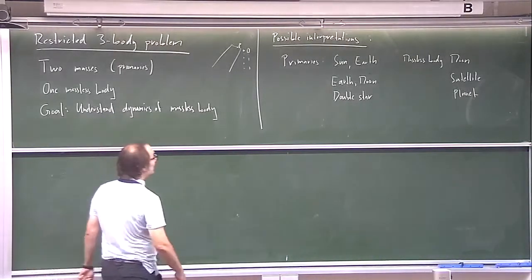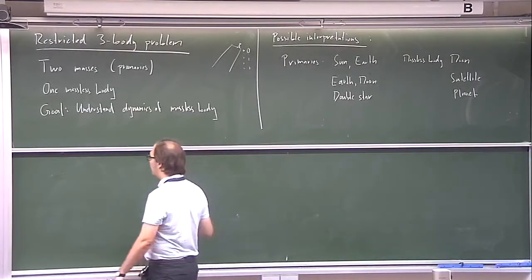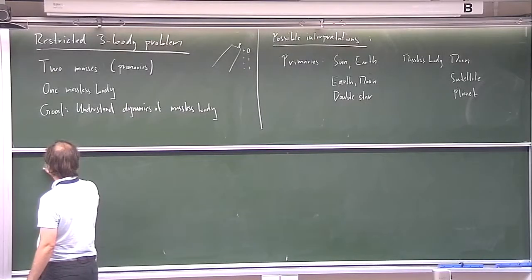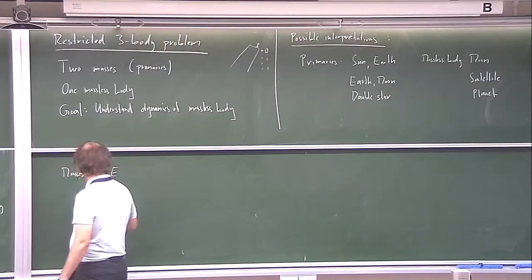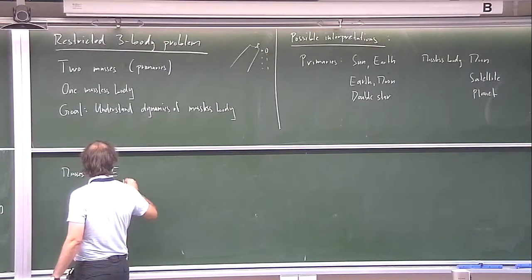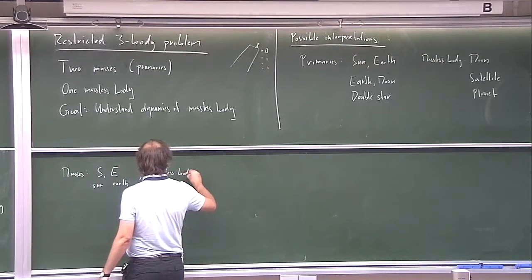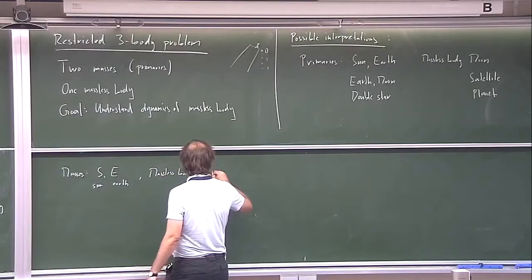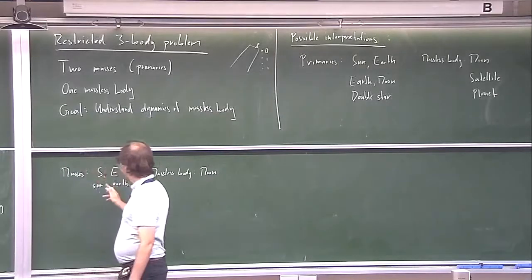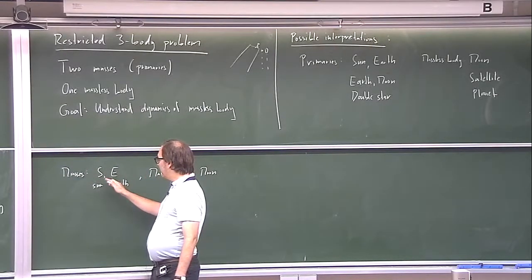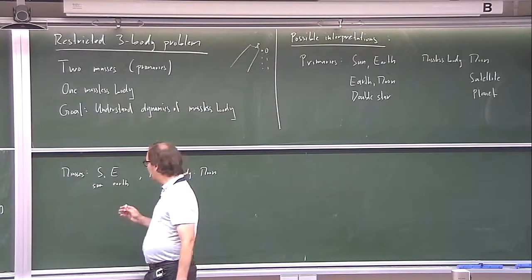So maybe let us keep to the first interpretation. I will abbreviate the masses by S and E and refer to them as Sun and Earth, and the massless body is the Moon. And I assume that the Sun and Earth move around the center of mass in circles.